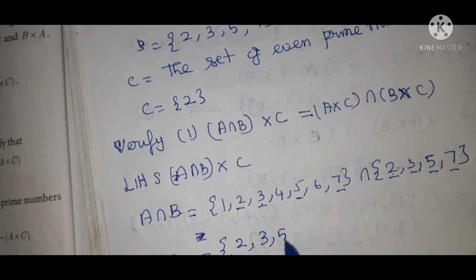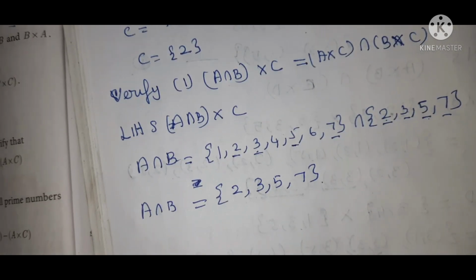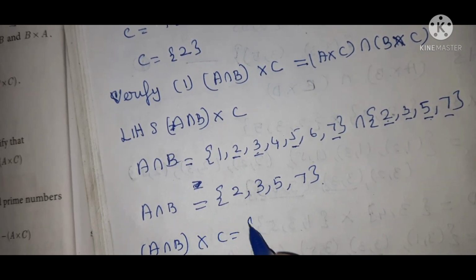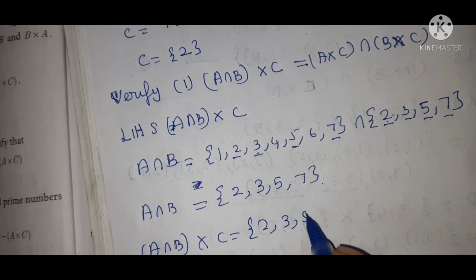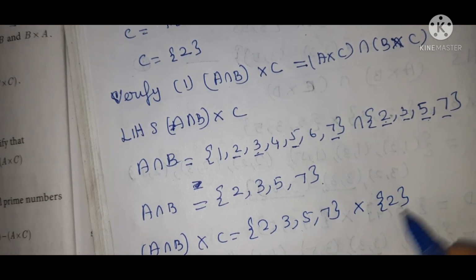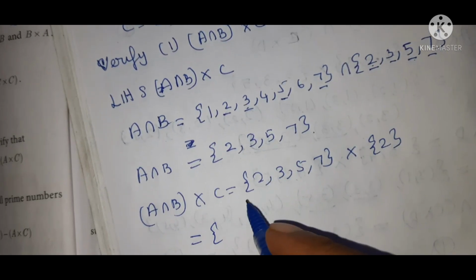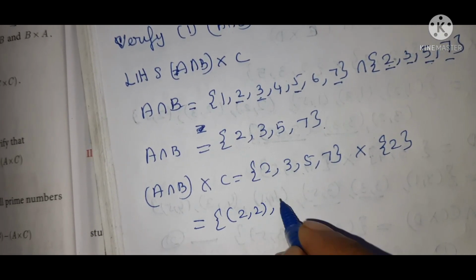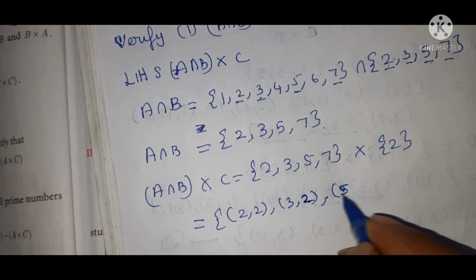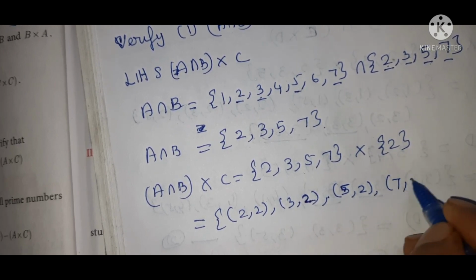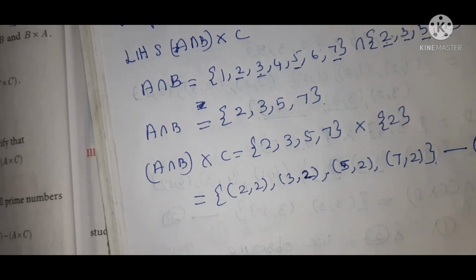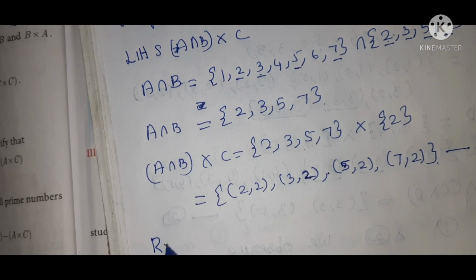Then A intersection B cross C is 2, 3, 5, 7 cross 2. The ordered pairs are (2, 2), (3, 2), (5, 2), (7, 2). This is the left hand side.